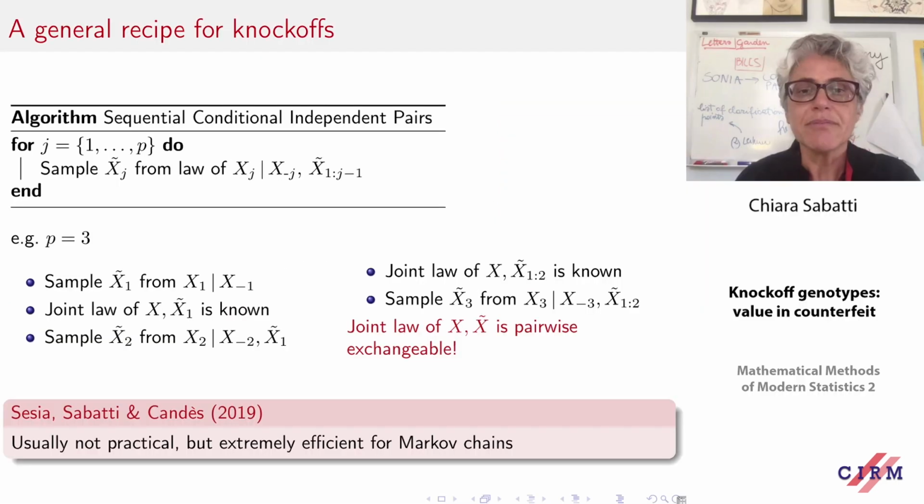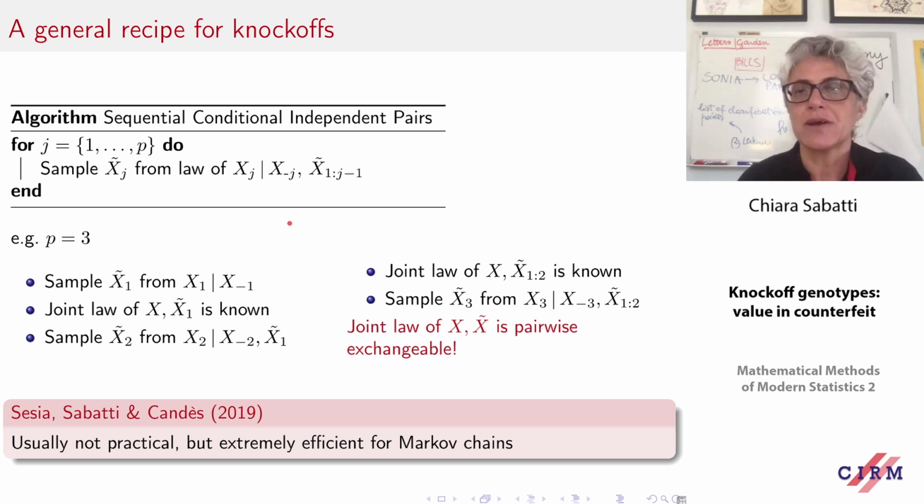So here is a general recipe for the construction of knockoffs, which we call sequential conditional independent pairs. Let's just look at its realization in the case of three variables. So suppose we have three variables, x1, x2, x3, and we want to construct their knockoffs.